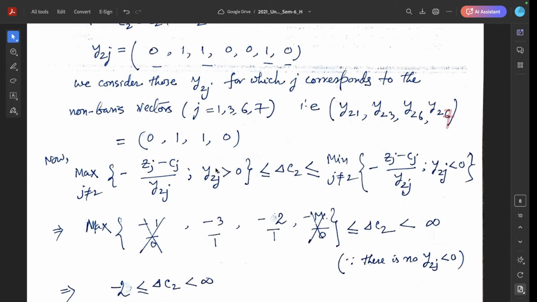But we need y2j greater than 0, so the 0 ratios are cancelled. We get minus 3 and minus 2. The maximum of these is minus 2. So minus 2 is less than or equal to delta C2.